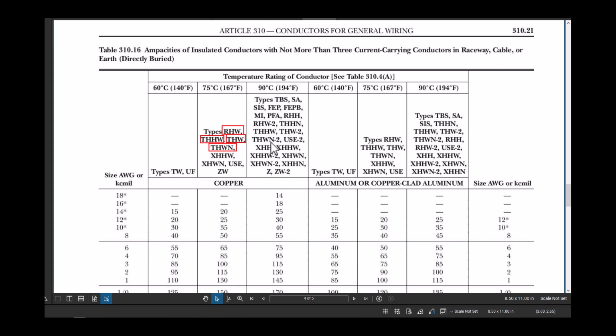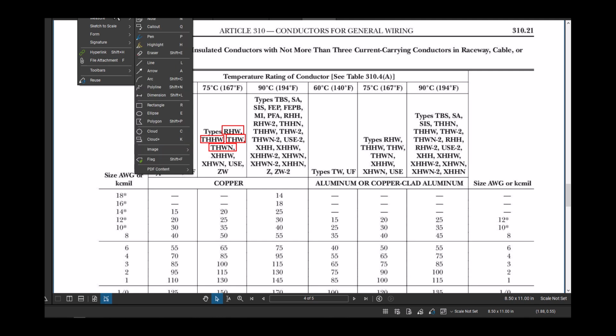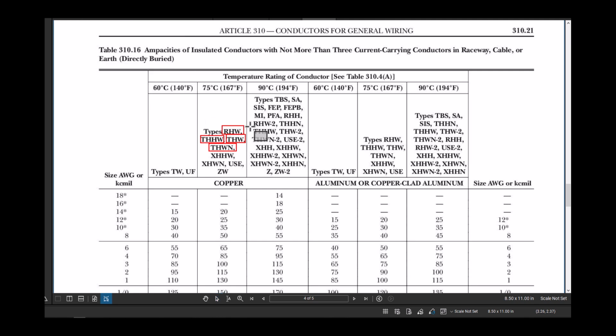The only wire similar to what we see here is just THHW. If I use the same box here, THHW, which is this wire, in the 75 degrees gives me 50 amp, but in the 90 degrees Celsius gives me 55 amp.